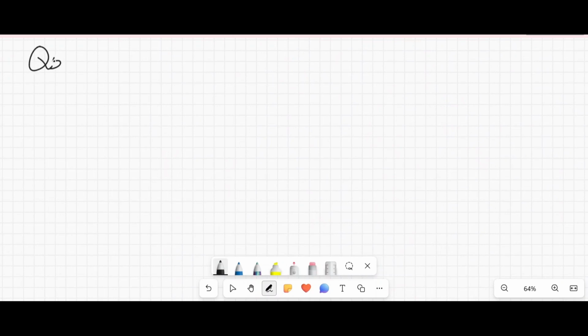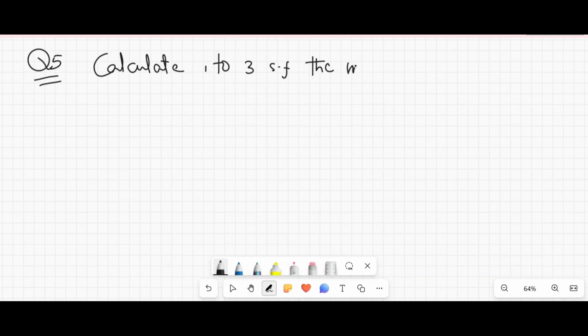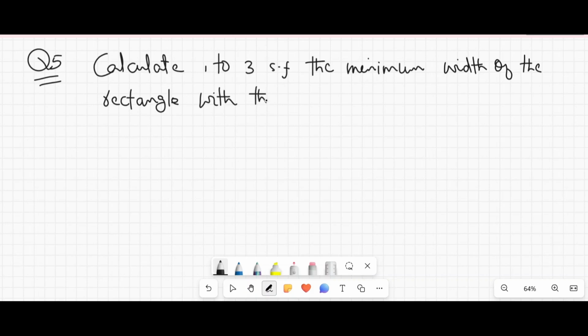In question number 5, it says calculate to three significant figures the minimum width of the rectangle with these dimensions.